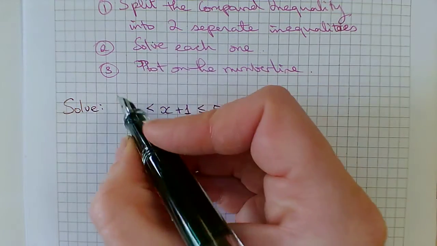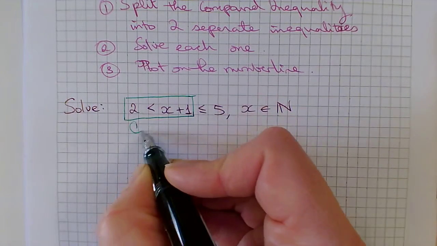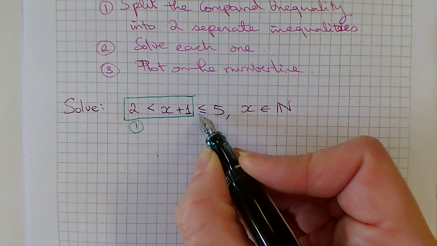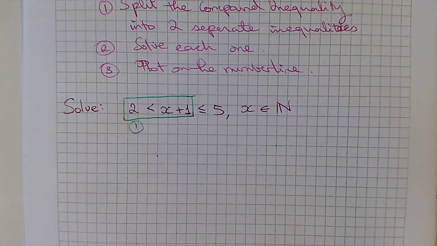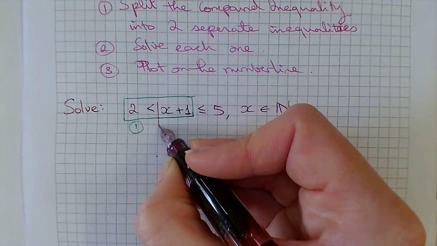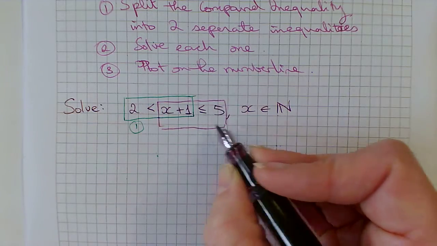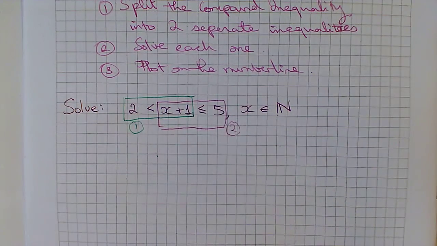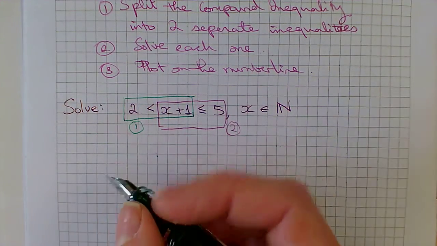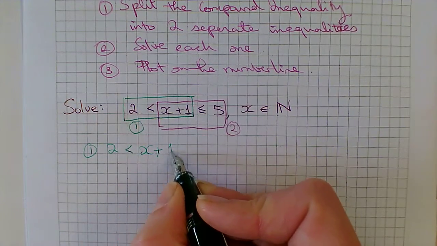Good, okay. So the first step was to break this into my two separate inequalities. Those are my two sentences. 2 is less than x plus 1, and x plus 1 is less than or equal to 5. My first one, 2 is less than x plus 1.